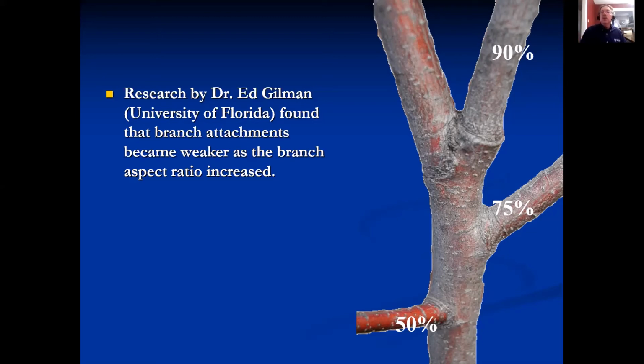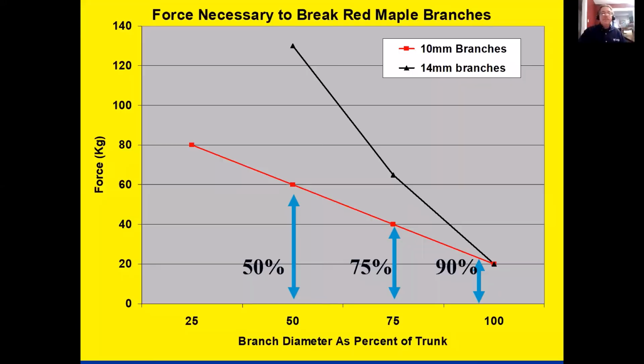The one at 90%, I mean, this is almost a 1-to-1 ratio. There's no branch collar here on either one of them. And with time and with storm, they will break, okay? So again, that research sort of applied to different millimeter branches. And you can see at 50%, that's the one with the good branch collar.